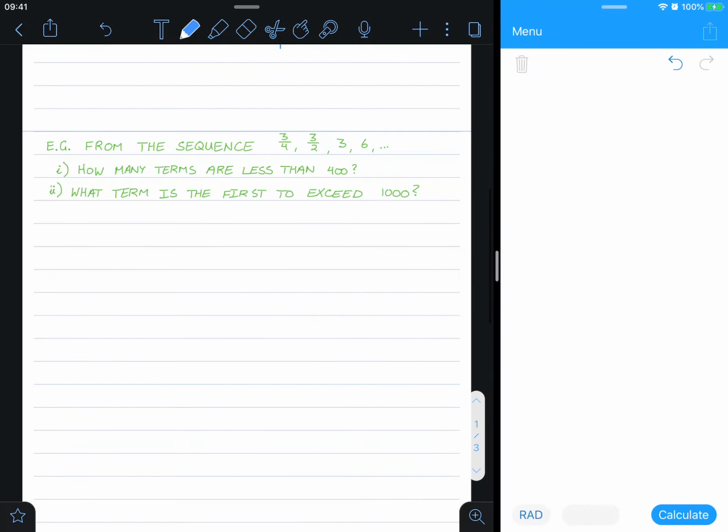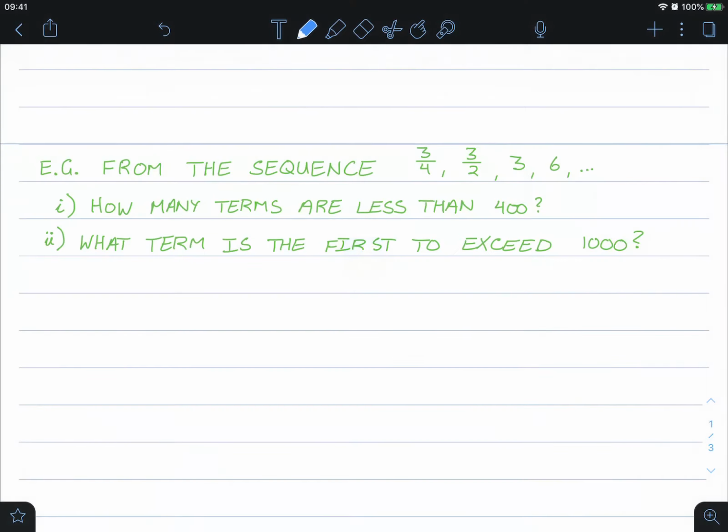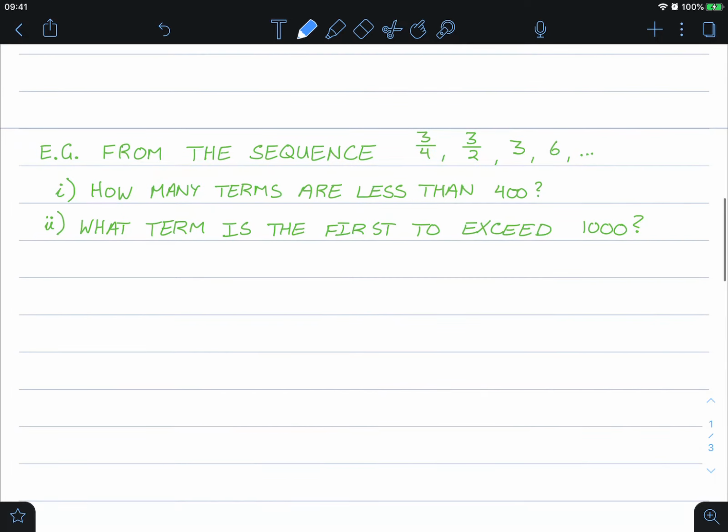You can go ahead and pause the video and give this a go yourself. Here we go. I hope you can see just by looking at this that it is a geometric progression. So let's figure it out now. We need the first term. That's going to be 3 over 4.